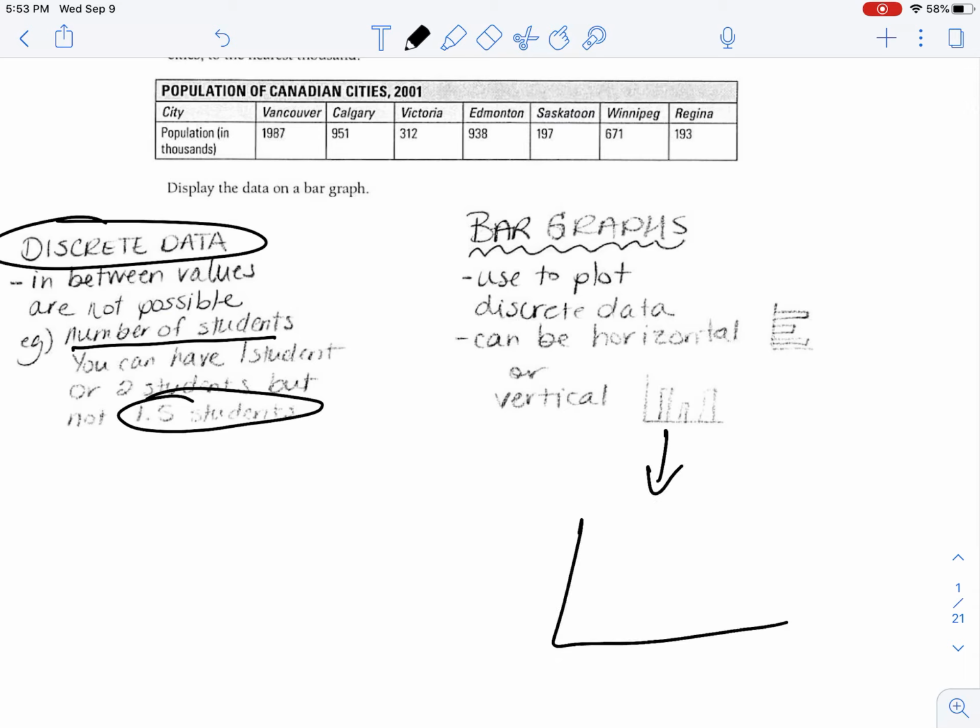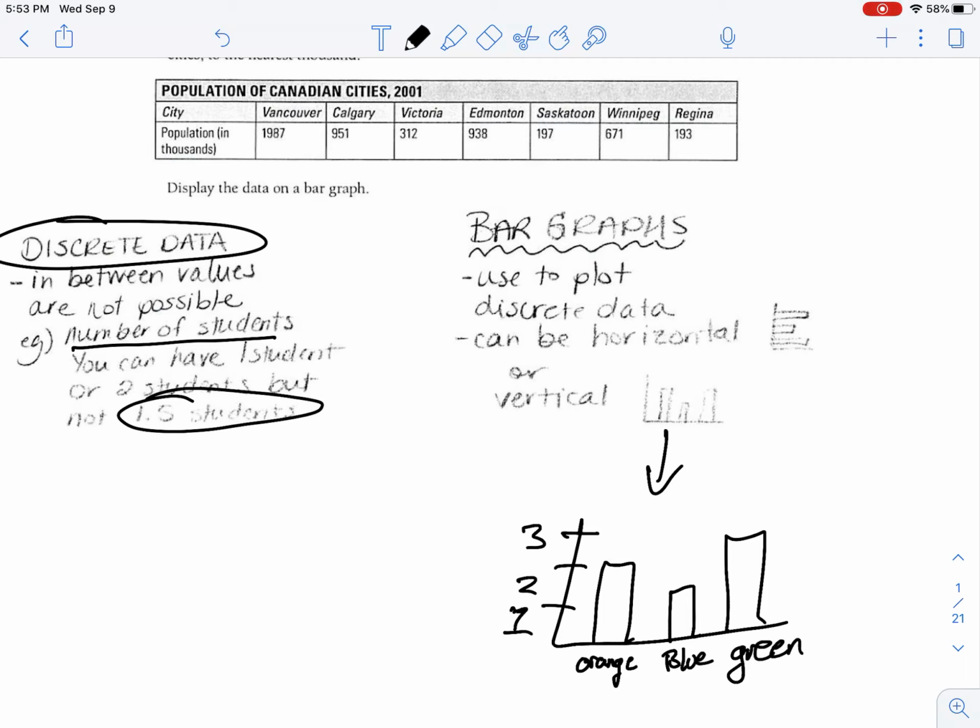So we can kind of highlight what these look like. A bar graph shows the number of something. So if this is like 3, 2, 1, and here we would be dealing with maybe orange, maybe we're talking about cars, how many cars we have, blue and green. Okay, so we have 3 green cars, 2 blue cars and 2 orange cars.